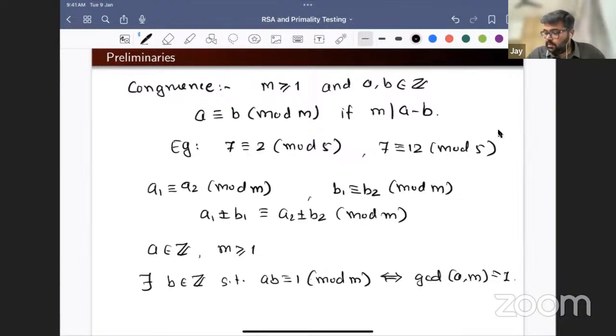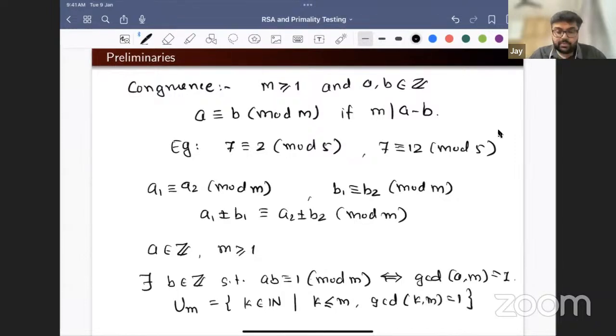So if you have seen some group theory, you often denote this by U_m also. This is a group of all positive integers k less than or equal to m with GCD of k and m equal to 1. We know that this forms a group.